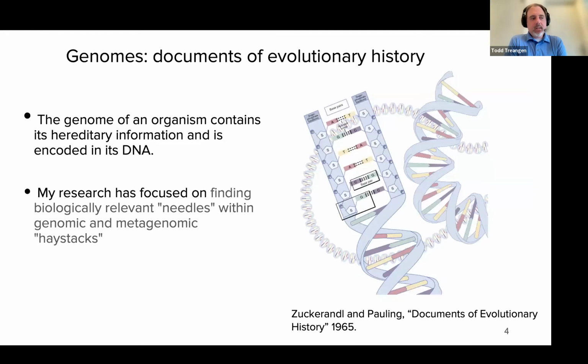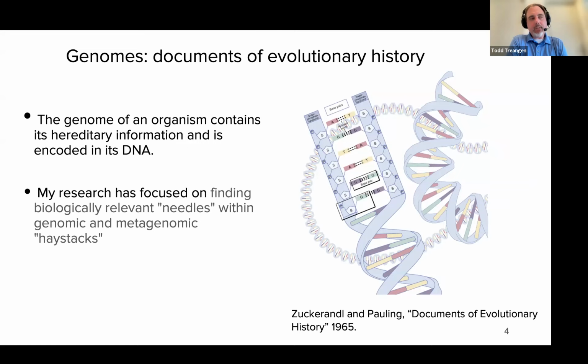Okay, so I'm going to take you all back to where I started. It was actually here in Paris, France, where I am currently, where I started my postdoc at the Institut Pasteur, thinking of genomes as documents of evolutionary history, and not just any genomes, but microbial genomes specifically. This is where it all got started, back in 2008, about 14 years ago.